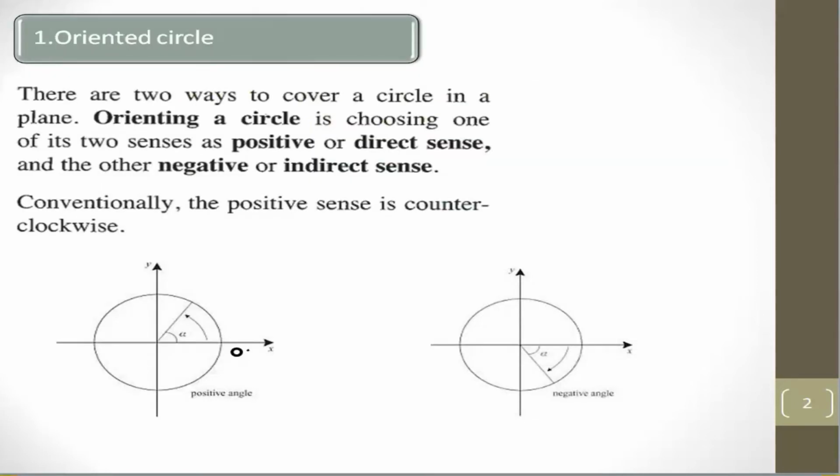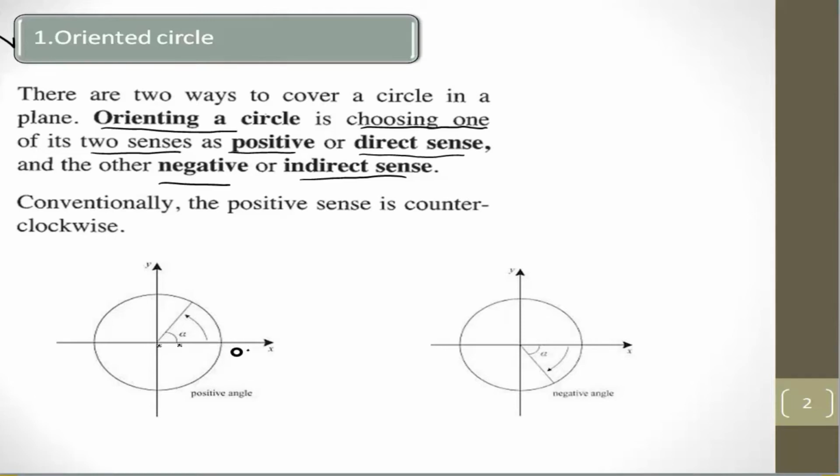In the first part we'll start with oriented circles, which means choosing one of its two senses: positive or direct sense, negative or indirect sense. This is called the trigonometric circle, which you took already in grade 10.